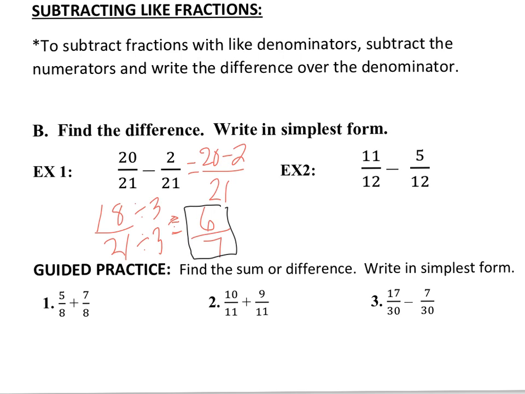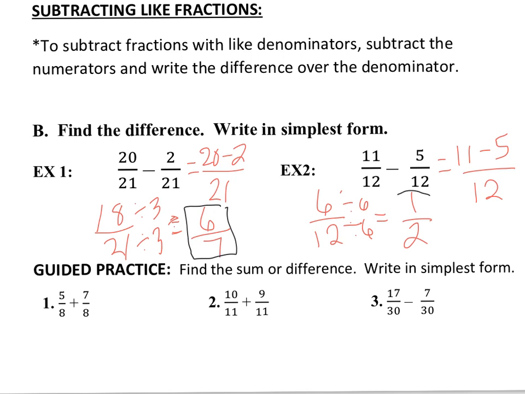Now for example number 2, we have 11 over 12 minus 5 over 12. We're going to do the same thing. We're going to subtract the 11 minus 5, keep the denominator of 12. So 11 take away 5 is 6, and I have 6 over 12. I notice that 6/12 can be reduced by the number 6, so that ends up giving me the answer of 1 over 2, or 1/2.